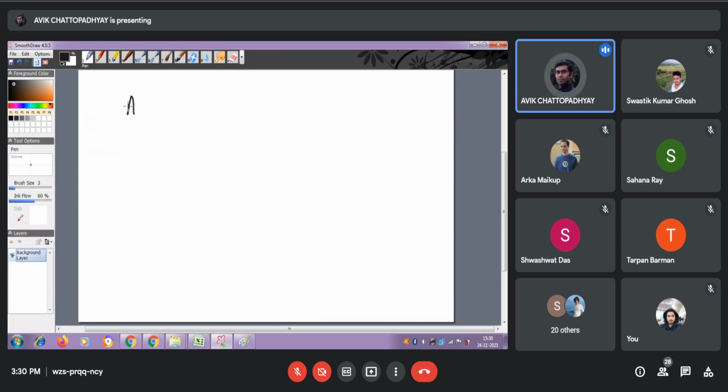Let me write it in some form. Suppose a cos, okay, omega 0 n plus phi. Suppose this is the form I have written in general. Now the question is again whether this signal is bounded.